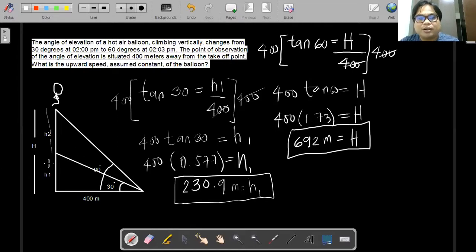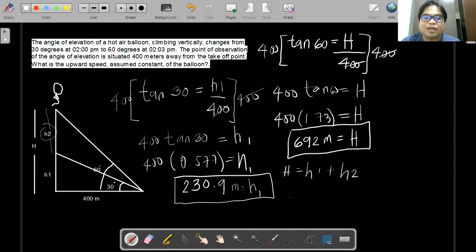So let's solve for the second height, h2. Since we already have solved for the big H and we already have h1, we can also solve for h2. As we can see from the equation, big H is equal to h1 plus h2. So to solve for h2, we can just transpose h1 to the other side.